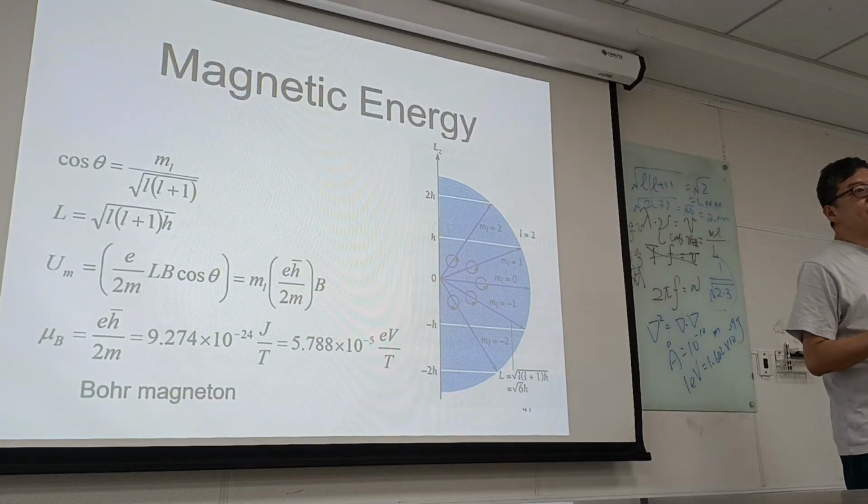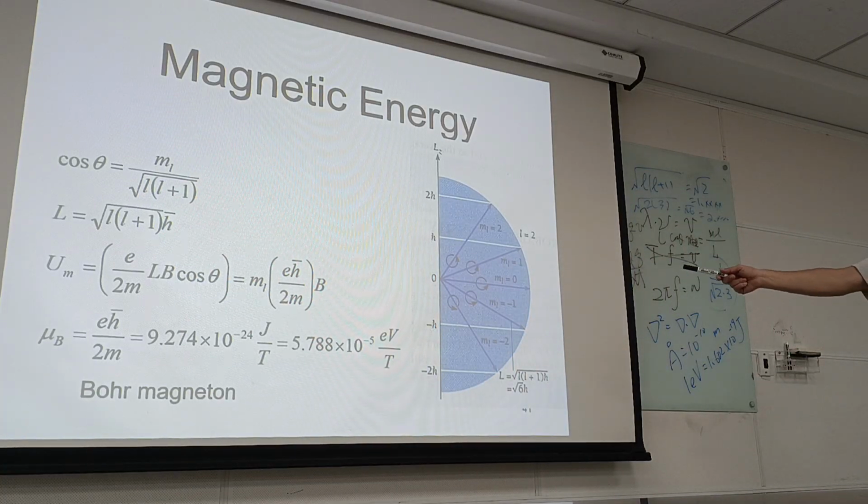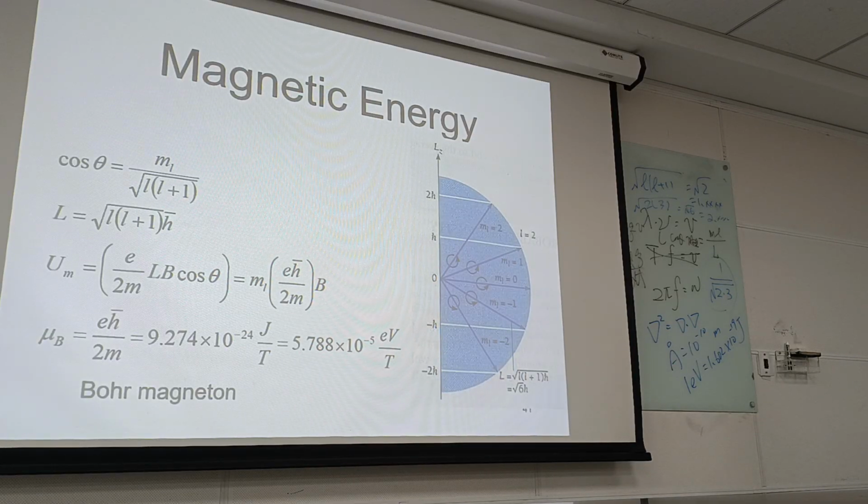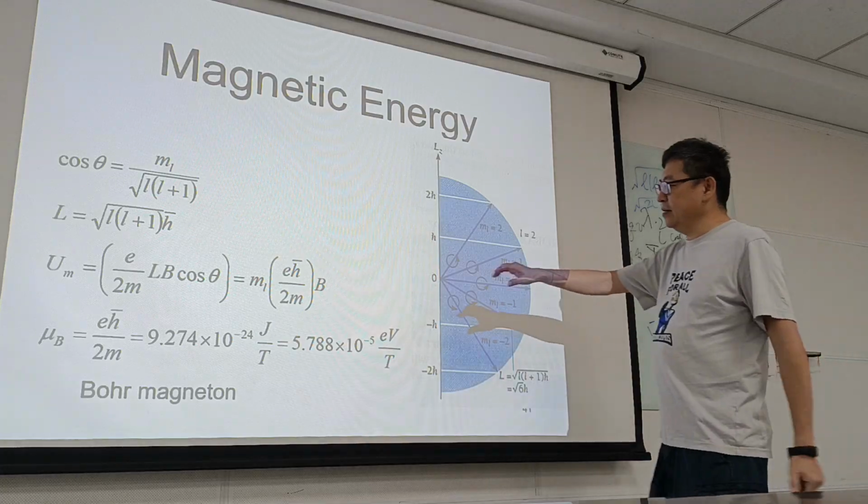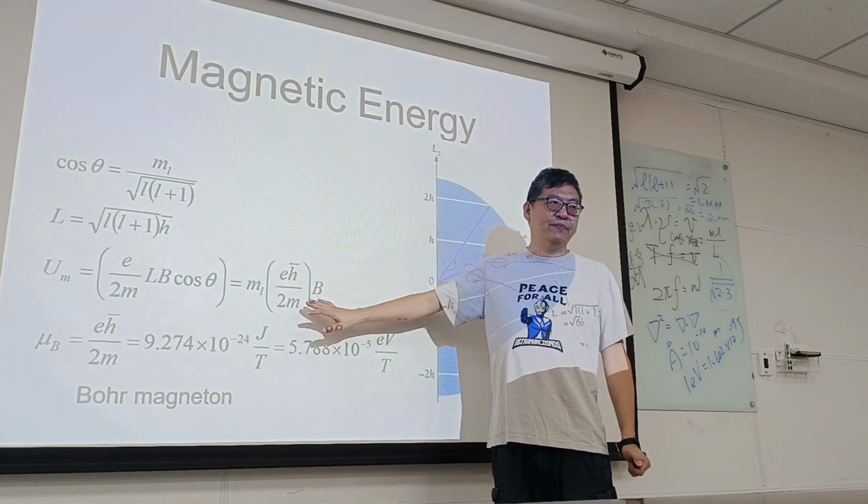Okay, so in your NMR physics, you use this number a lot. This is for electron momentum. But later you'll find out this is not a number you use, because this is the momentum for electron. In your NMR physics, you observe not the electron, you observe the proton, right? So in proton, this will be the mass of proton.